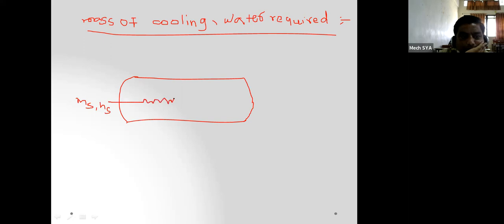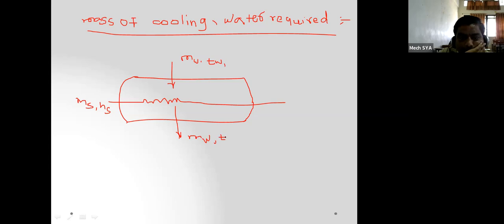And mw amount of water is circulating for the condensation of this ms amount of steam, having temperature Tw1. Let us consider the cooling water temperature is Tw1, and mw will be the same mass of water. Assuming there is no evaporation, the outlet temperature of the cooling water will be Tw2.